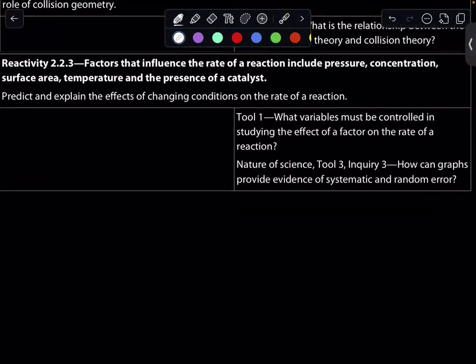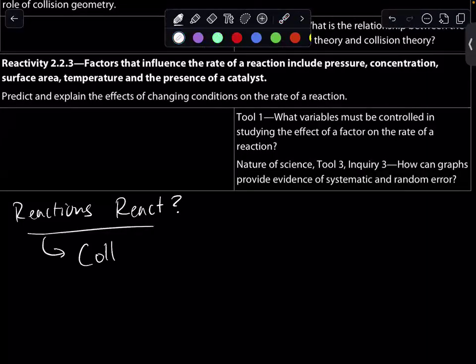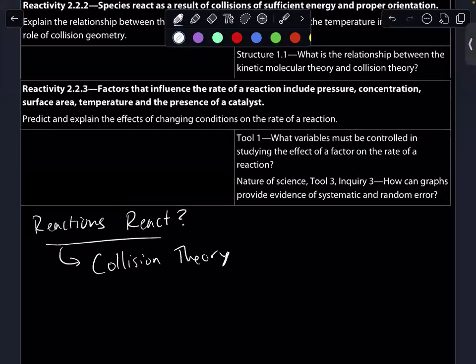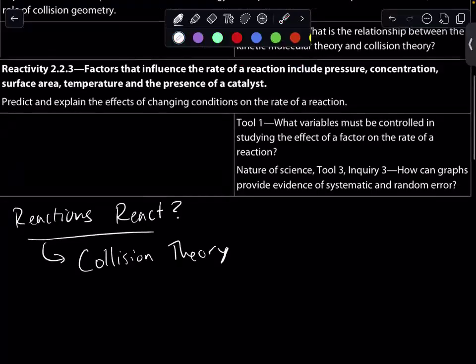So before we even get into this, we need to talk about how reactions react. What is actually happening? Well, for that, we need to move into what's called collision theory. Collision theory basically states that for any reaction to occur, let's get that set.